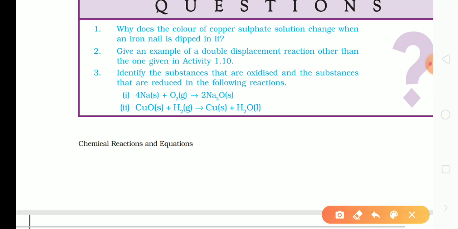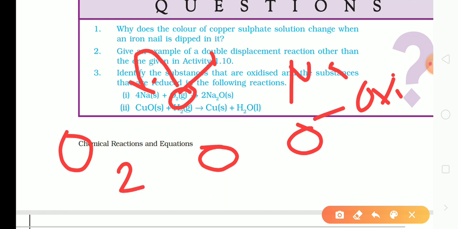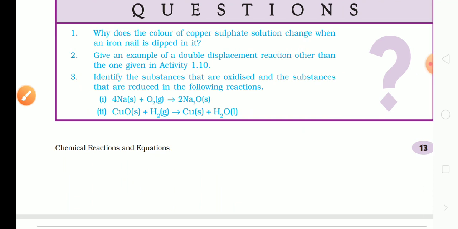It is pretty clear: oxygen is added to sodium, which means sodium gets oxidized. If one substance is oxidizing, the other should be reducing. So when sodium is getting oxidized, O2 is getting reduced.